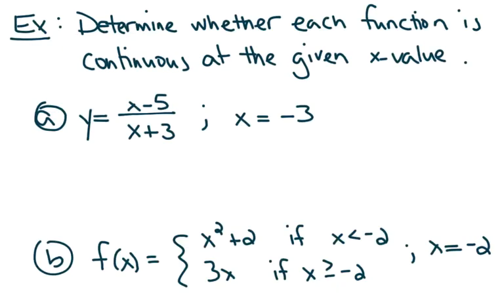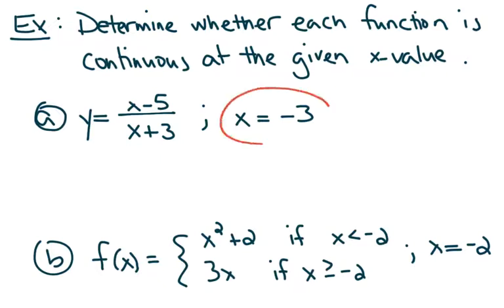Let's talk about how you determine whether a function is continuous or not at a given value. Now, just because we give you an x value doesn't mean that the function is discontinuous. All we care about is if it's continuous at a certain x value. Now, you don't need to graph this to determine it.